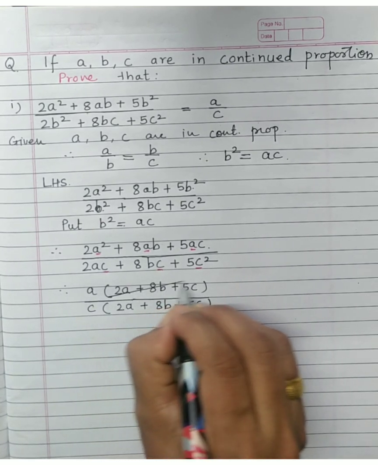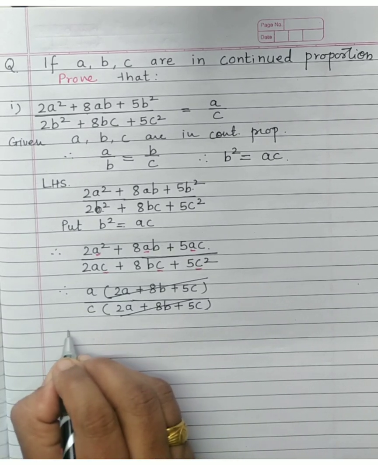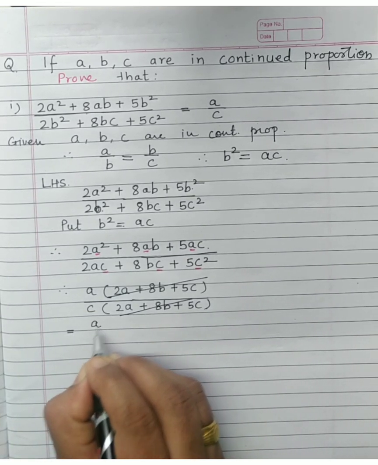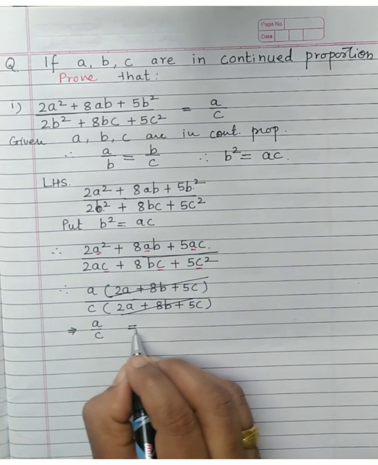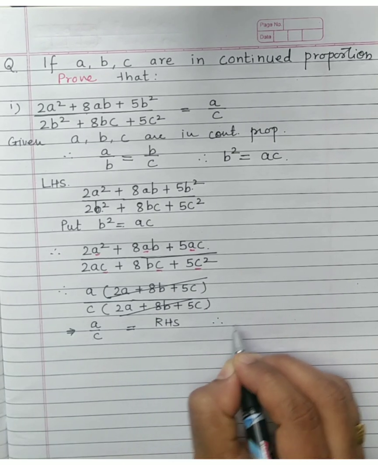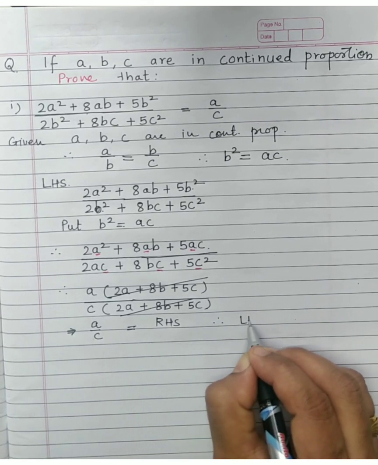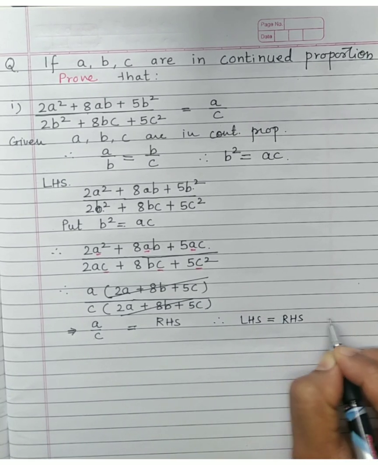So this full expression gets cancelled with this. And what is left here is equal to A upon C. That was your RHS. Thus, you have shown LHS is equal to RHS.